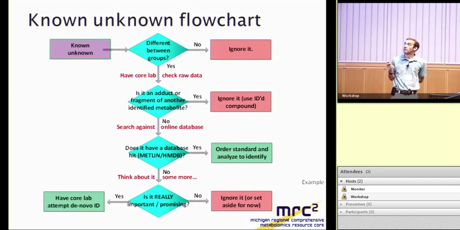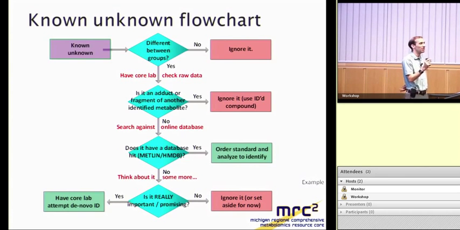Okay, very good. So we'll search it against an online database if it looks like it's nothing that can be explained as an adduct. Does it have a hit? Does it match some mass in the database? If yes, you may get one compound, and that is great.